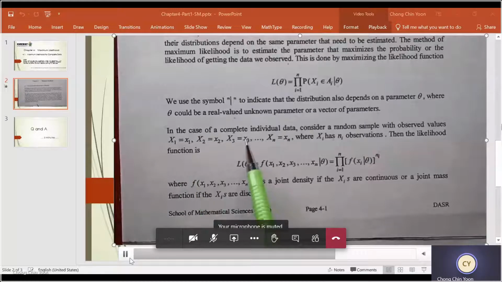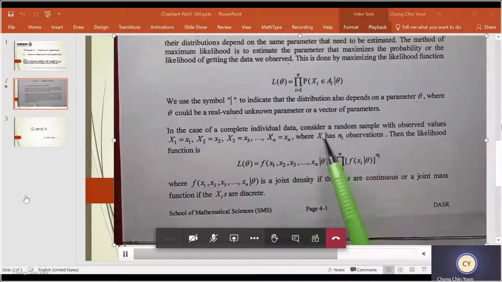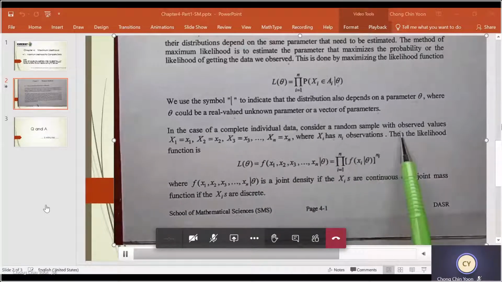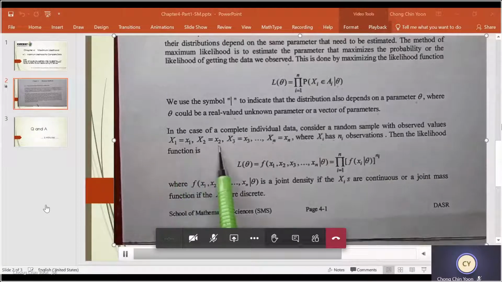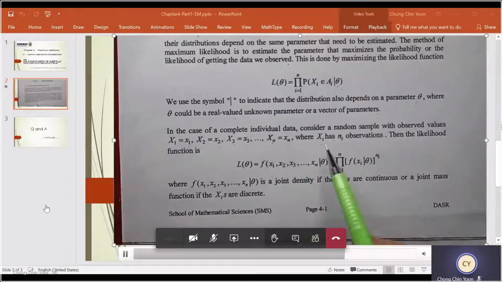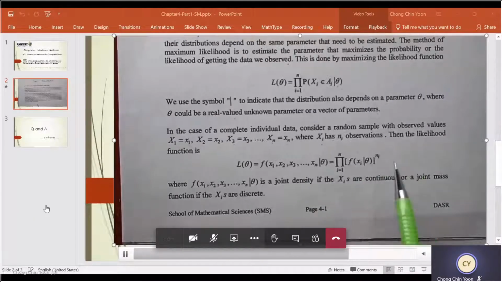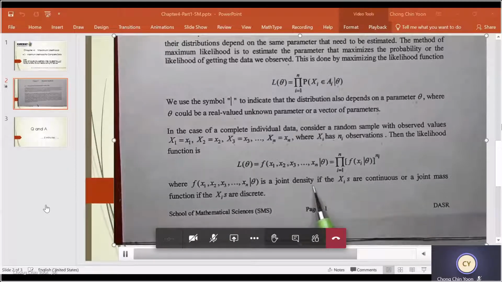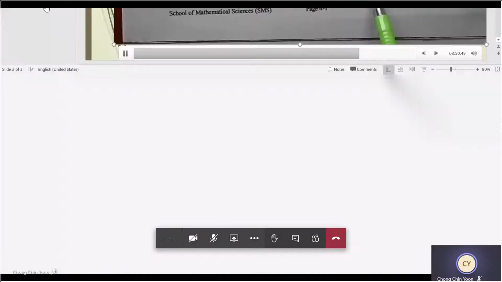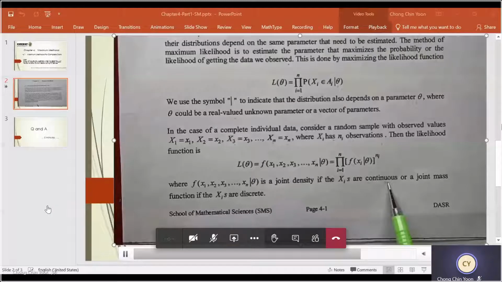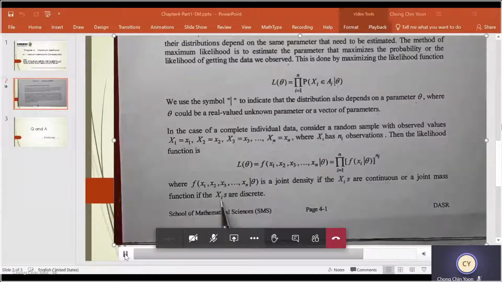In the case of complete individual data, consider a random sample with observed values x1, x2, x3 until xn, where xi has ni observations. Then the likelihood function is given by this, where this function f is a joint density if the Xi's are continuous, or a joint mass function if the Xi's are discrete.